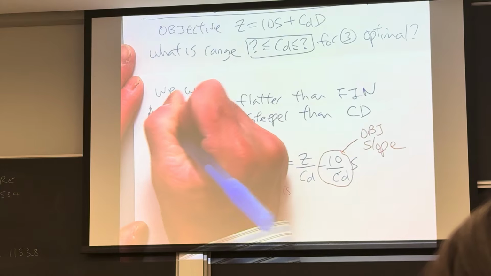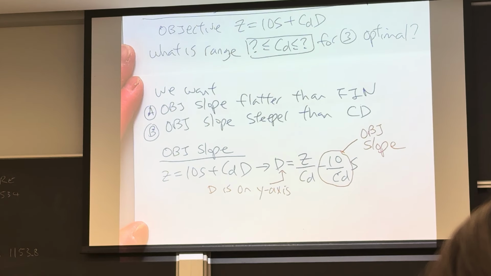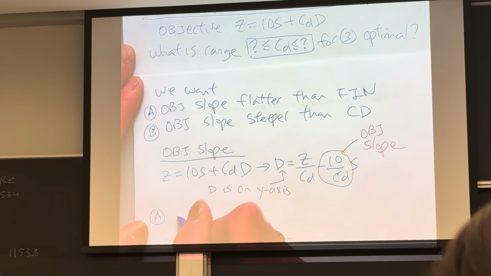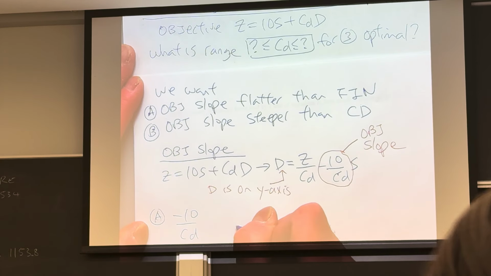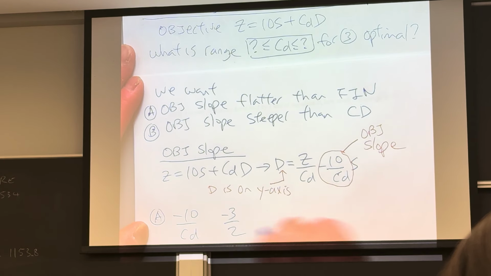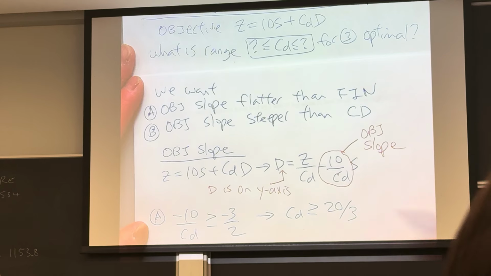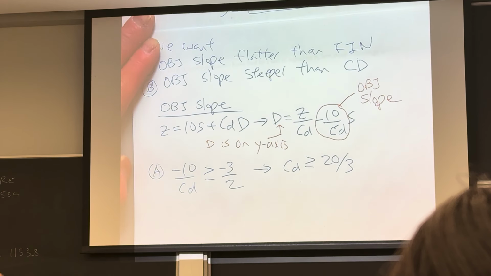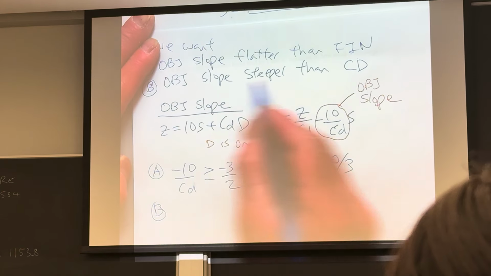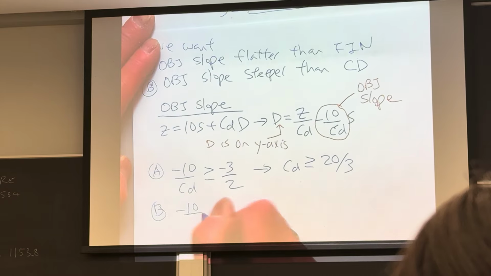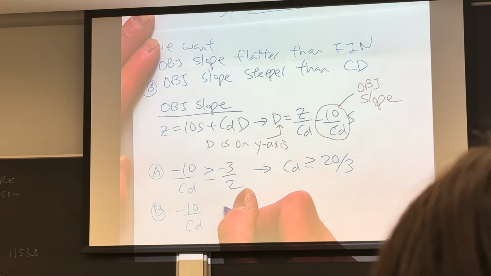So call this A, call this B. Okay, objective flatter than fin, so objective is now this. Finishing was as before, flatter is less of a negative number, and so you get CD needs to be bigger than 20 over 3. Then for B, objective is steeper than CD, there's your objective. There's your CD line.